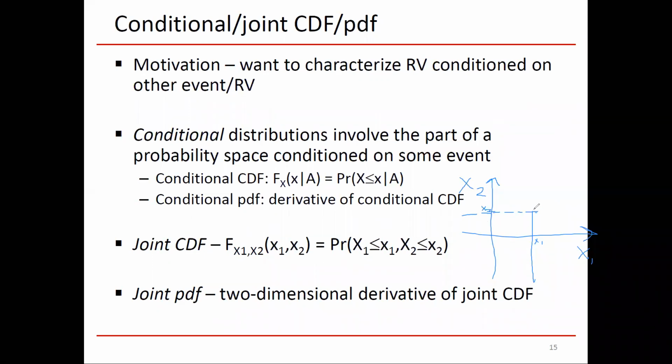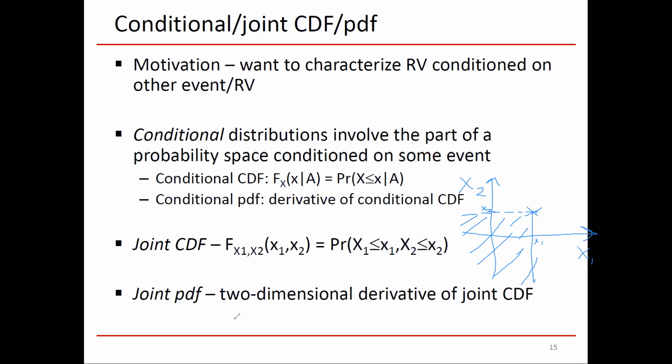And this point that represents the two of them, the joint CDF is the probability of all the points in 2D, all the values for the two random variables, capital X1 and capital X2, that are both less than or equal to x1 along the first dimension, the horizontal dimension, and less than or equal to x2 along the vertical dimension, or this shaded area.